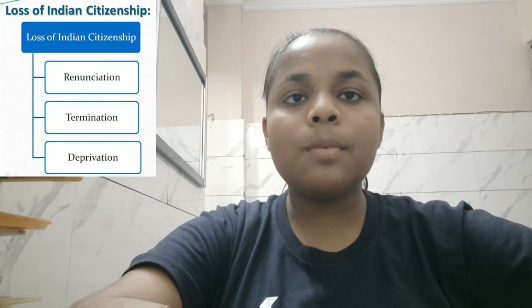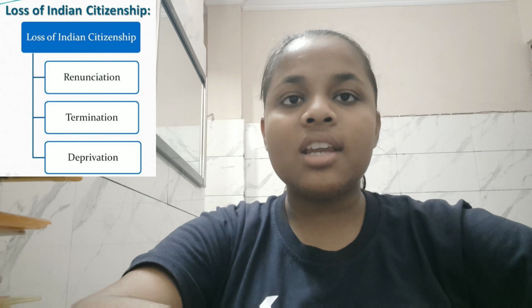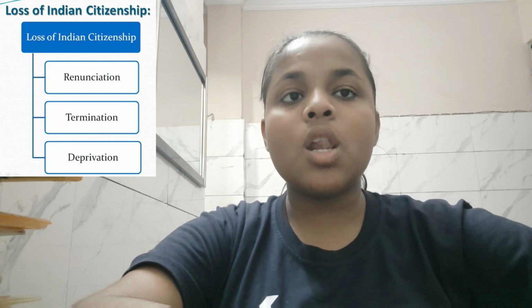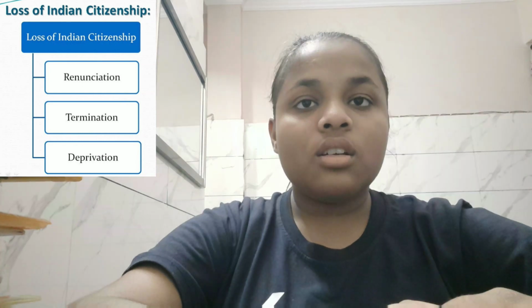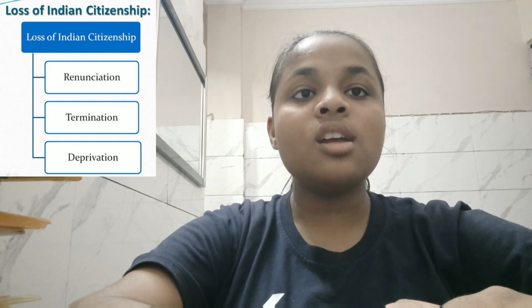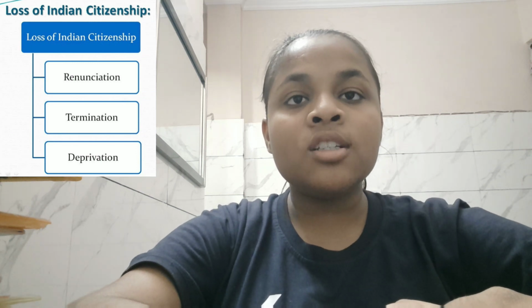The Citizenship Act 1955 lays down the three modes or ways by which an Indian citizen may lose his citizenship on certain grounds. They are renunciation, termination, and deprivation. First, renunciation.